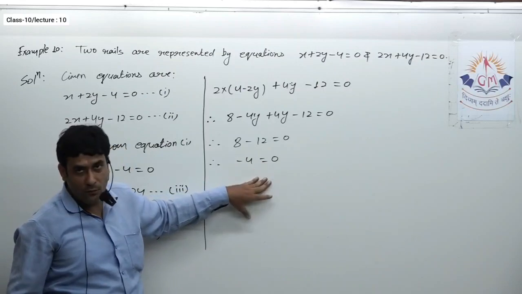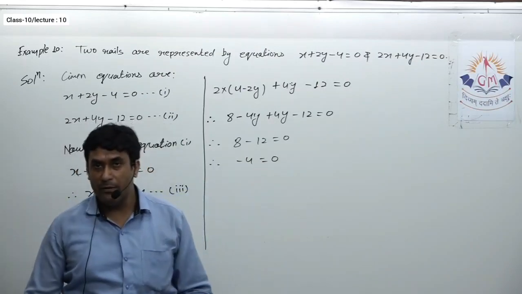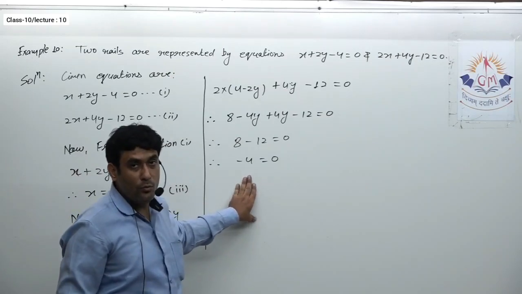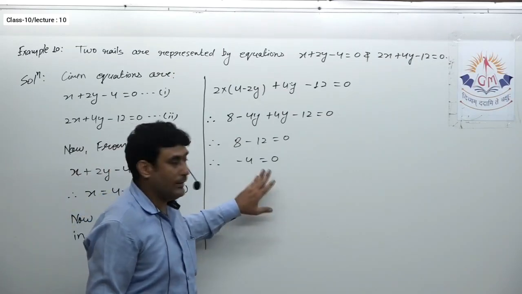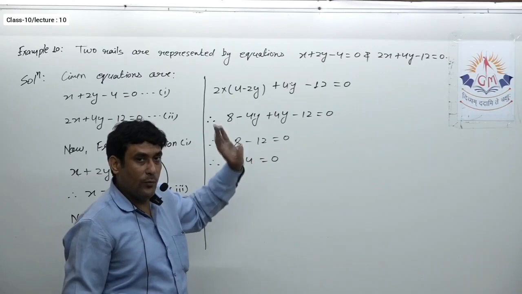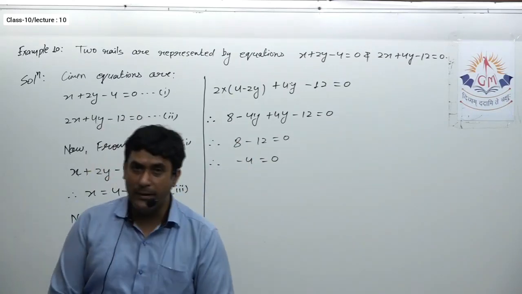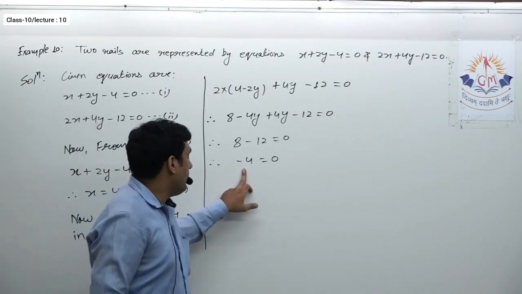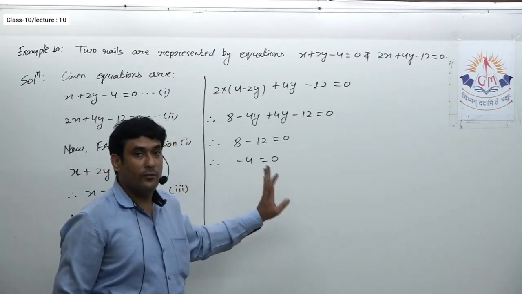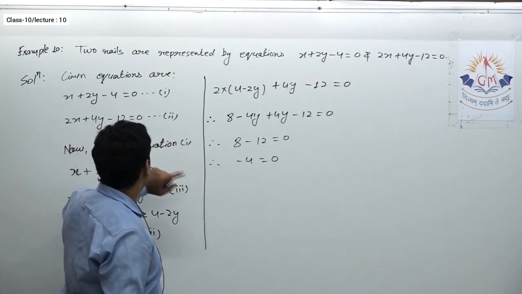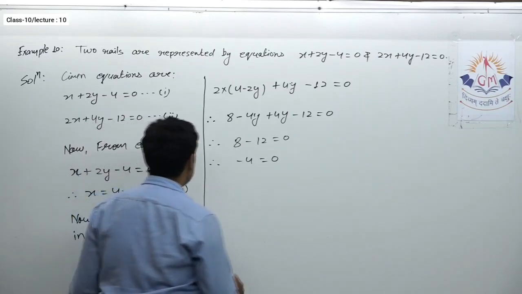So here we got a false statement. In the previous example we obtained a true statement, and as the statement was true, we concluded the given equation has infinitely many solutions. Over here the statement is false, so in this case we can conclude that the given pair of equations has no solution.